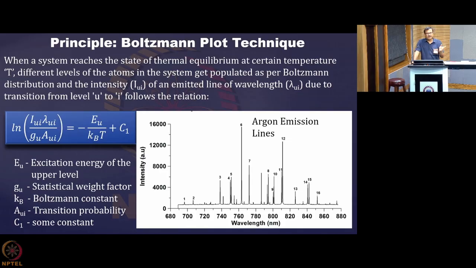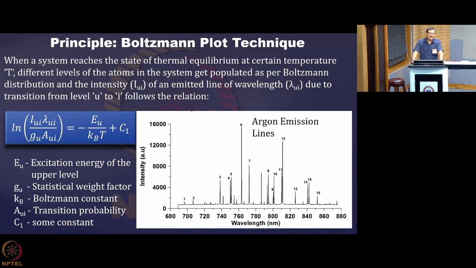Now, if you take the log of that intensity, it becomes proportional to the energy level itself, since the argument in the exponent has a term of the form E by kT. If you now plot the log of intensity as a function of energy, the relationship is linear and the slope is 1 by kT. So, just by finding the slope you can find the temperature.